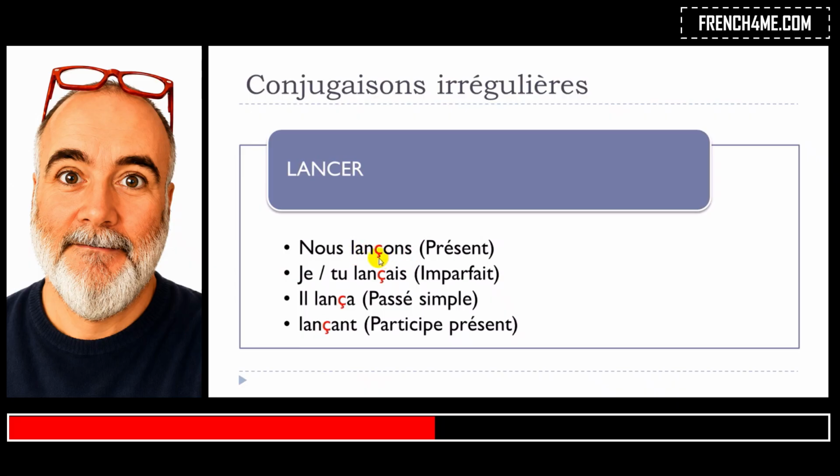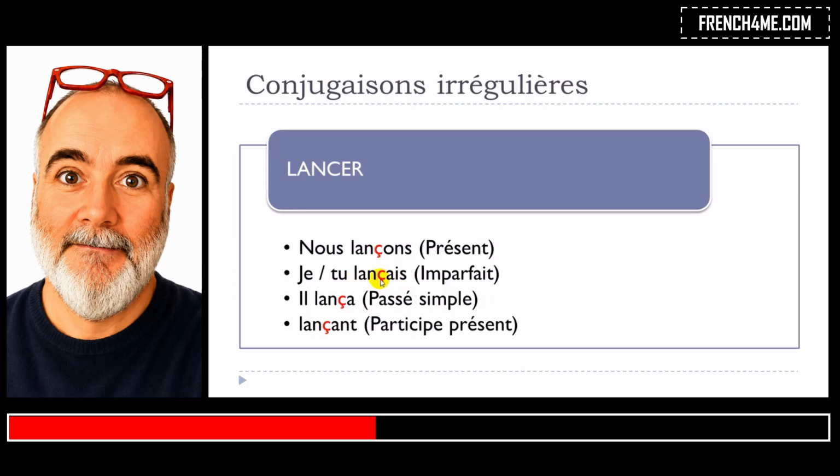That's the only modification we will have to make for this subgroup of irregular verbs. It will be exactly the same thing for the imparfait form. I put this je and tu because they have the same ending here, but it will be exactly the same thing.